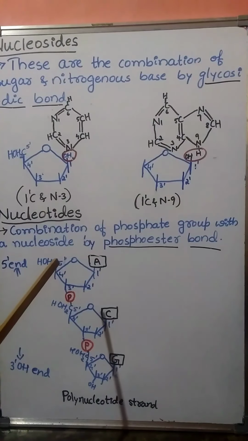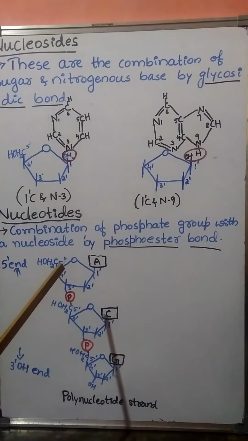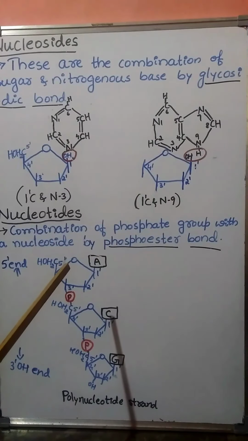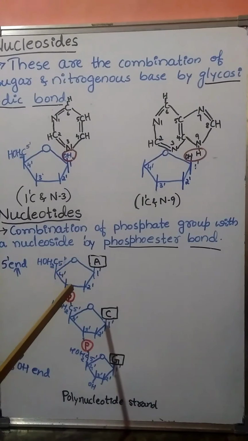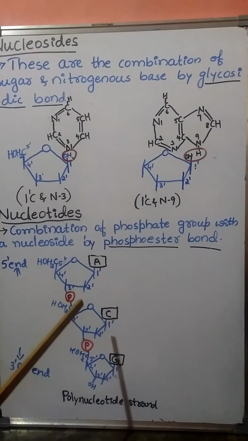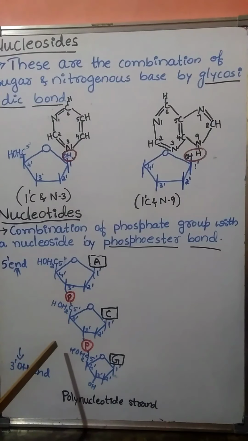Then one more is deoxythymidylic acid or deoxythymidine monophosphate. Attachment of a phosphate group to the nucleoside deoxythymidine forms deoxythymidylic acid or deoxythymidine monophosphate. These are the nucleotides of DNA.